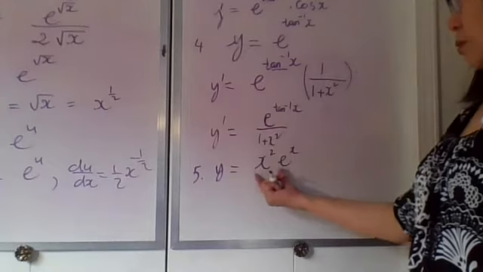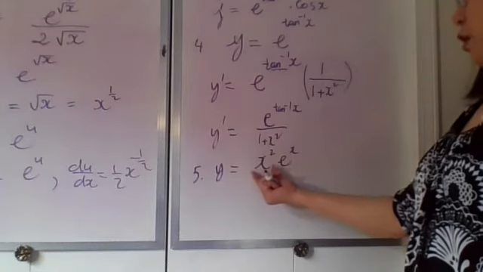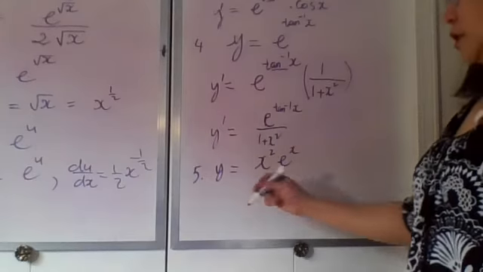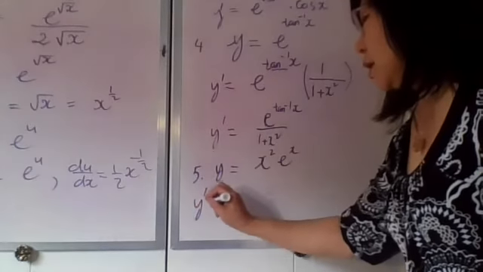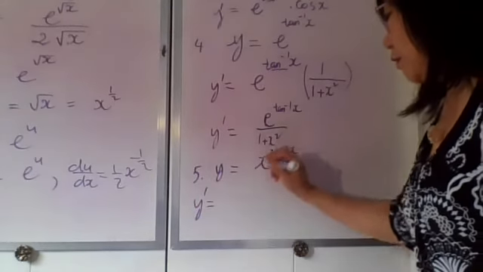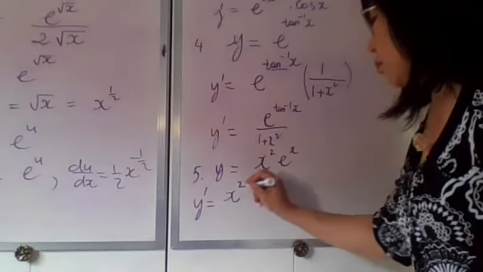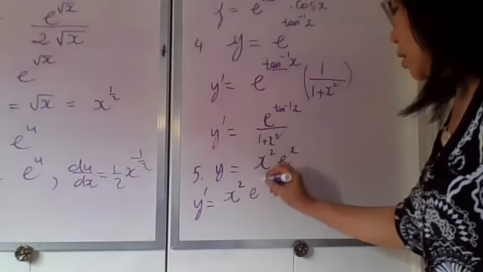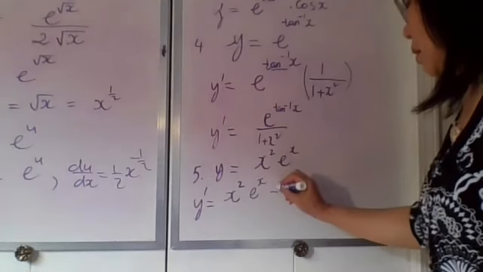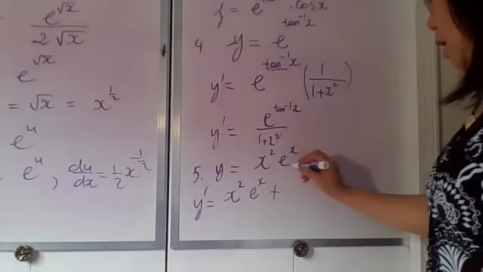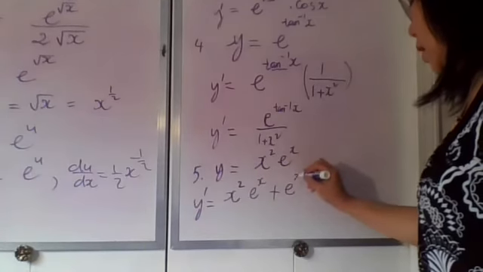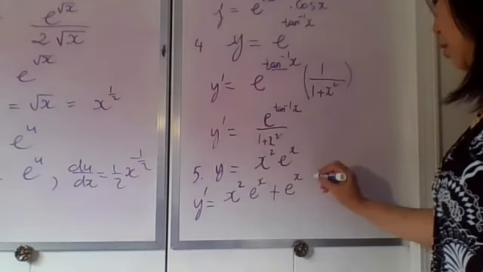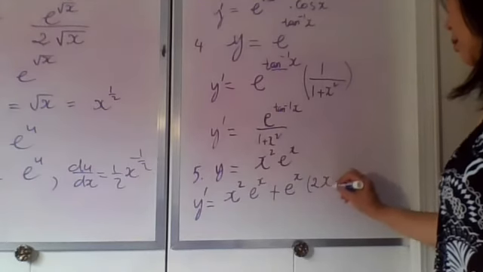We have two functions multiplied together, so we have to use the product rule to differentiate this function. So y prime will be equal to, keep the first one the same, x squared, times the derivative of the second one, which is e to the x, adding with, now keep the second one, e to the x, the same, times the derivative of x squared, which is 2x.